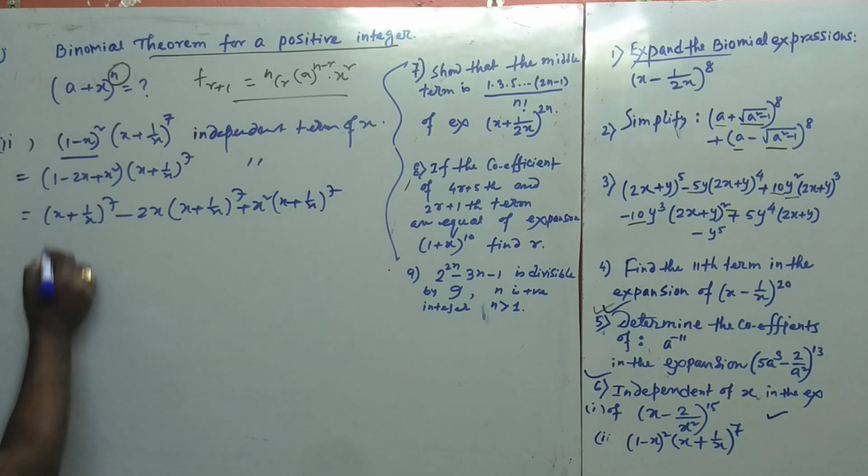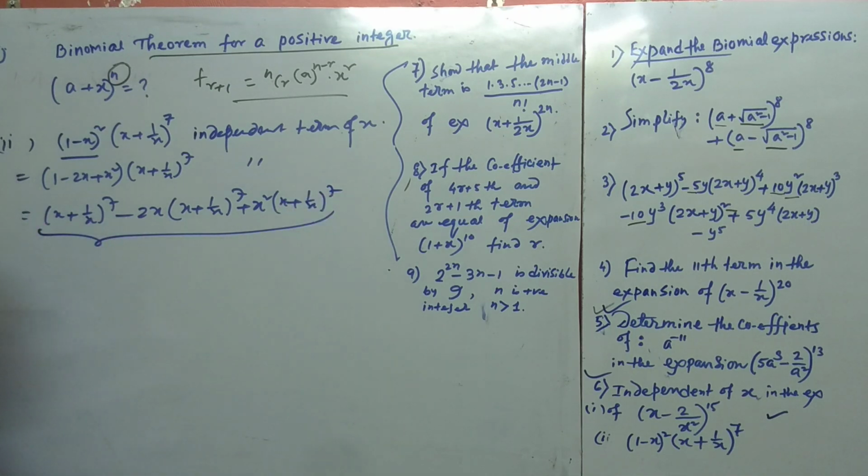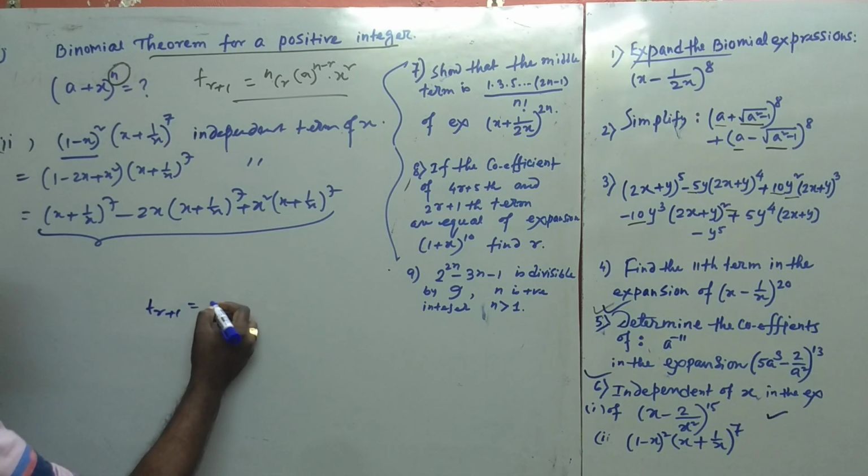So see, this whole thing is free from x. We need to find the solution by finding the general term, okay? And now see here, we have to find first of all the T(r+1) term of the expansion.